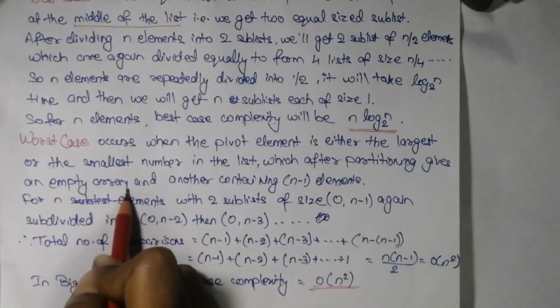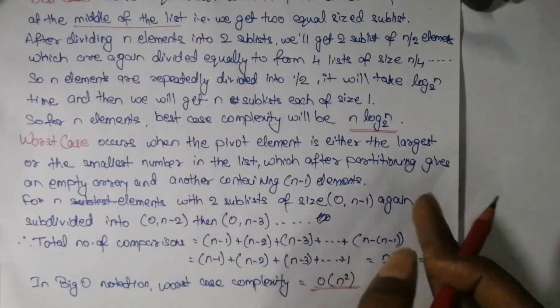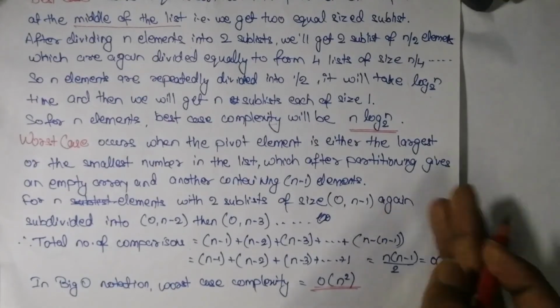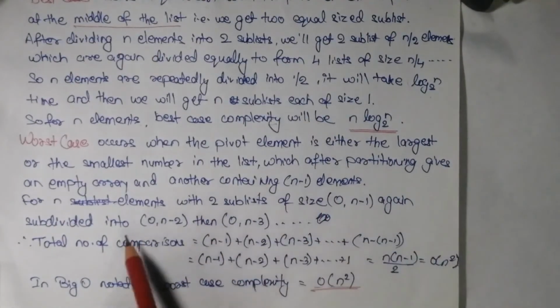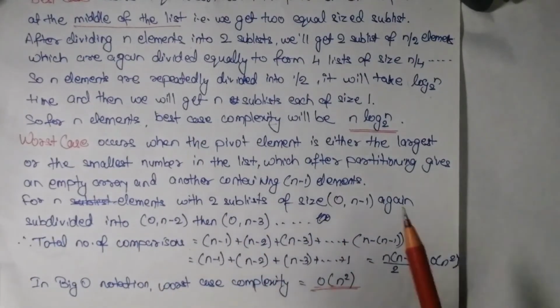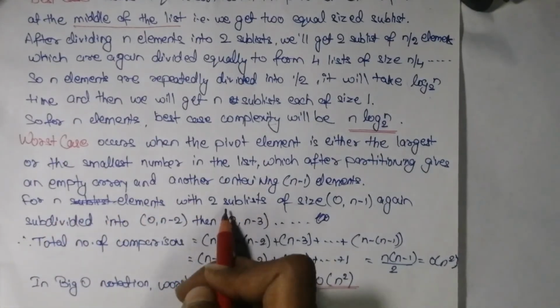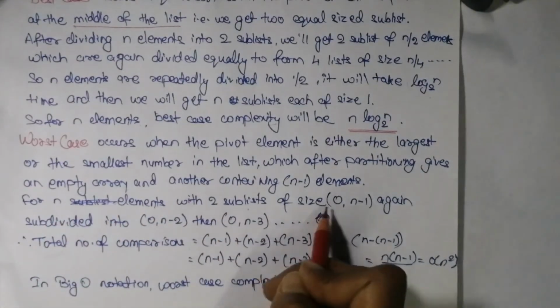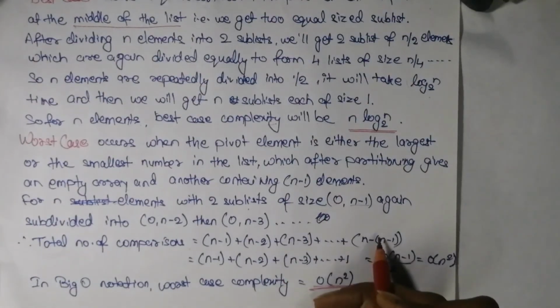The first is an empty array and the other containing n-1 elements. This is something very logical, right? If the pivot element is the smallest or the largest element, then we will get an empty array and another array containing n-1 elements. So, an array containing n elements, when it is divided into two sublists, we will get two subarrays, one of size 0 and another of size n-1.